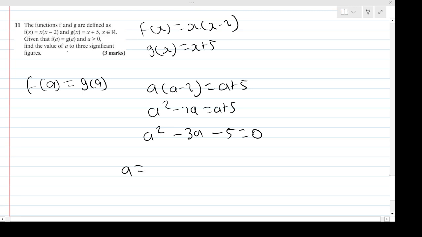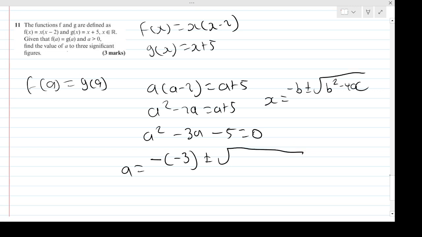So a then. Remember, it's going to be minus of minus 3, plus or minus the square root of... Just recall as well, the quadratic formula is x equals minus b, plus or minus the square root of b squared minus 4ac, over 2a. I remember we did that in the first part of this chapter when we looked at solving equations, where a, b, and c are the coefficients of the quadratic.